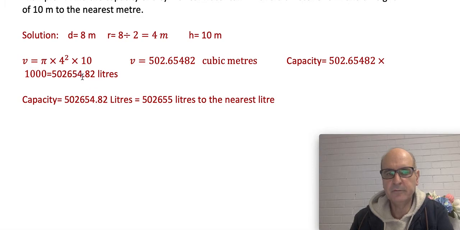So that becomes 5. So 502,655 liters to the nearest liter. So when they say to the nearest liter, if your answer is in liters, you need to drop the decimal point and give it as a whole number. And if you need to, round it up.